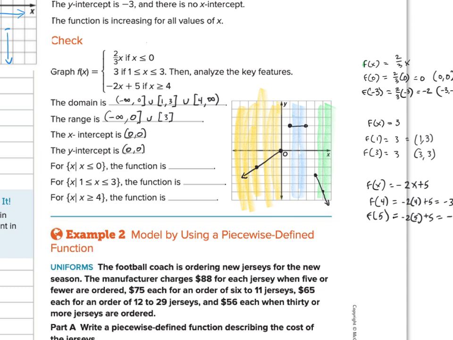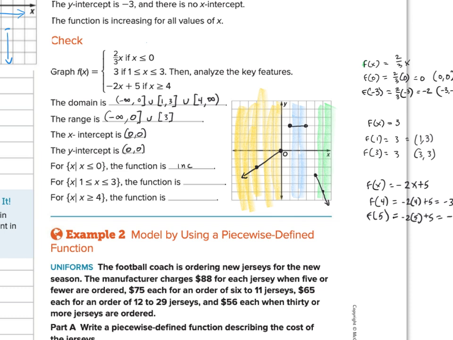So let me see here for f of x. For x such that x is less than 0, is the function increasing or decreasing? It looks like it is increasing because it has a positive slope.